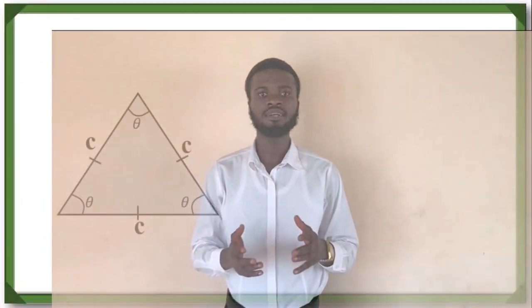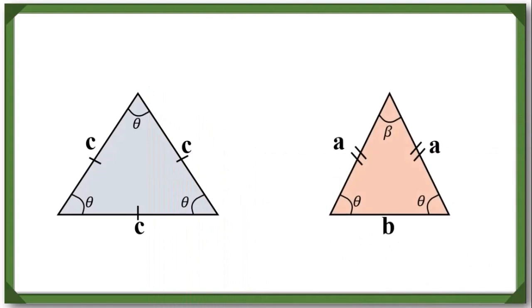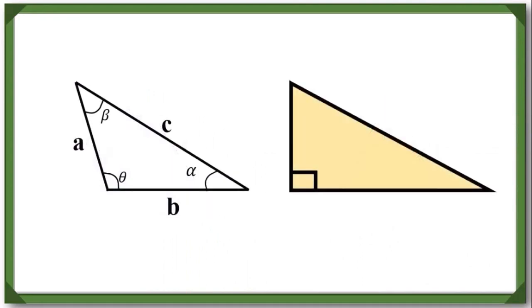For our previous lessons, we were treating the topic properties of polygons, where we looked at the types of a triangle, such as an equilateral triangle, which has all sides equal, an isosceles triangle, which has two sides equal, and a scalene triangle, which has none of its sides being equal.